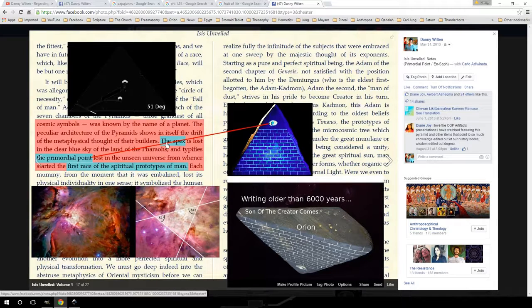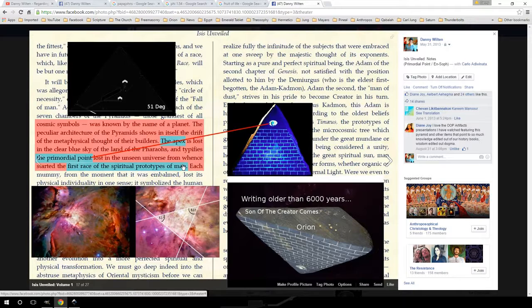The apex is lost in the clear blue sky of the land of the pharaohs and typifies the primordial point, lost in the unseen universe from whence started the first race of the spiritual prototypes of man." Okay, so regardless of whether you agree with the specifics of that, one of the things that she's generally saying is that it is disappearing into the unseen universe.